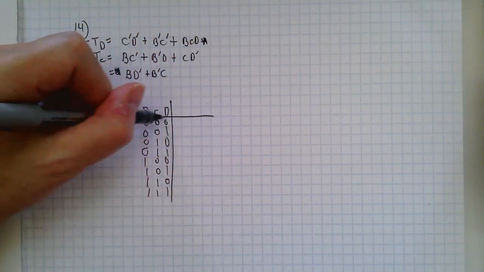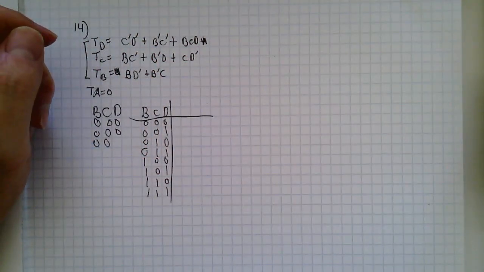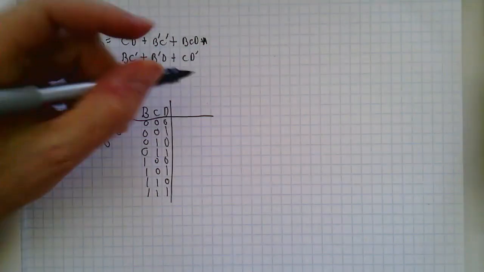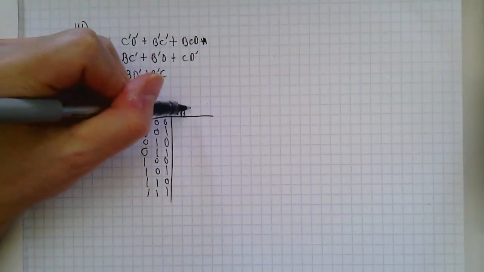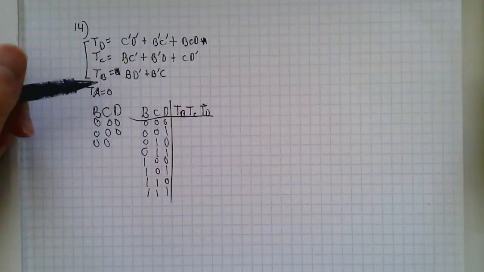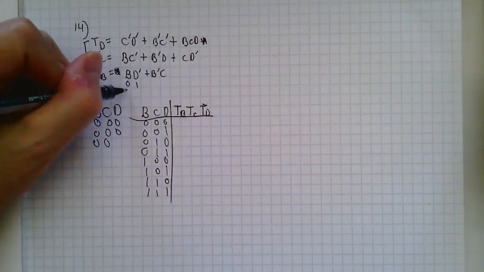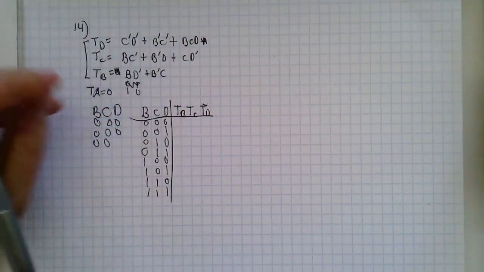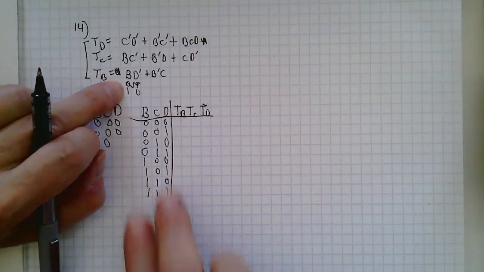And now I've got inputs T sub B, T sub C, and T sub D. I'm writing this in binary. If I see the pattern 1, 0 in B and D, then I know T sub B must be a 1.